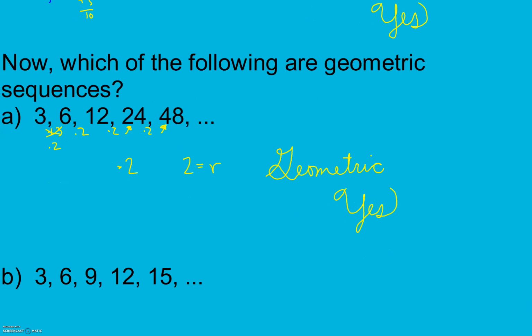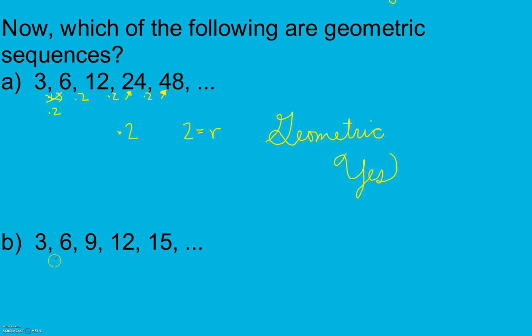In B, so again, from 3 to 6, we said we can either add 3 or multiply by 2. Now, if I try and add 3, do I get to 9? Yep, let's try multiplying by 2. Nope. So multiplying doesn't work. If I add 3, it does get me to 12. Perfect. If I add 3 again, yes to 15. So here my pattern is to add 3.